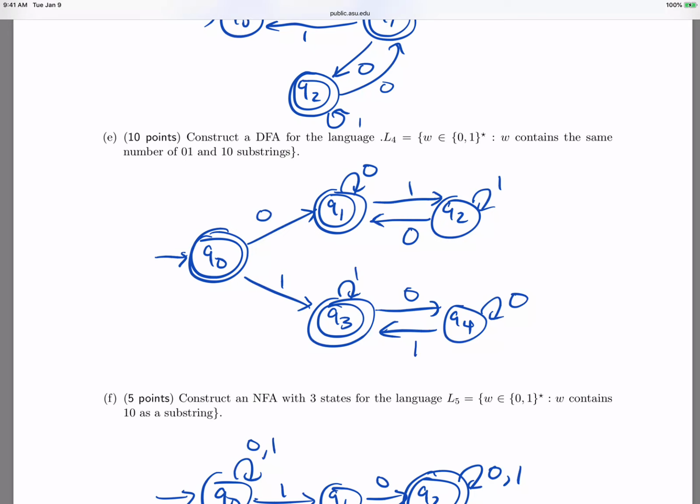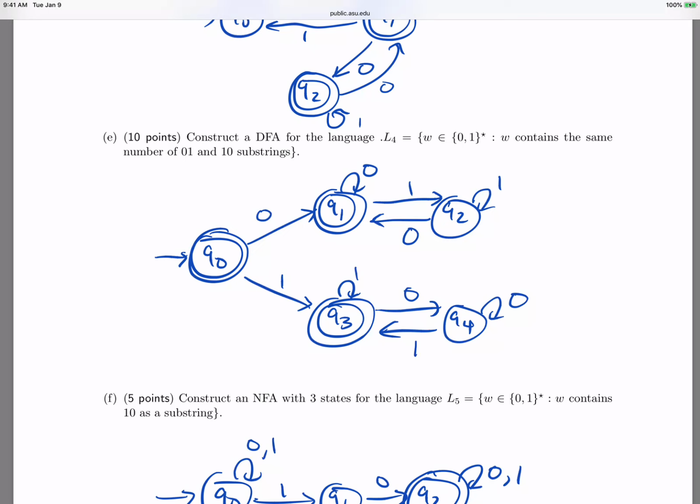If it has the same number of 0 1s and 1 0s, it starts with 0 1 and at some point I must see a 1 0. Well, could a string that starts and ends differently be in this language? If it starts and ends differently, either the number of 0 1s overpowers the number of 1 0s, or the other way around.